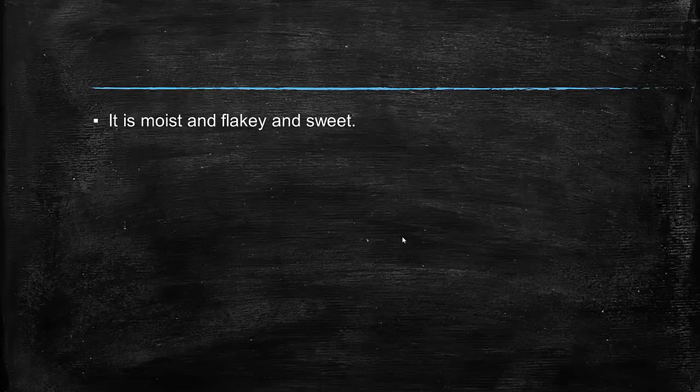It is moist and flaky and sweet. Now, where do you put the parentheses? Well, interestingly, if you have a string of ands, we'll learn this later too, a string of ands or a string of ors, it doesn't really matter.